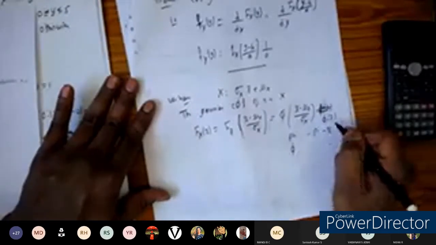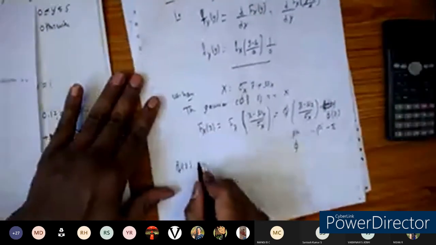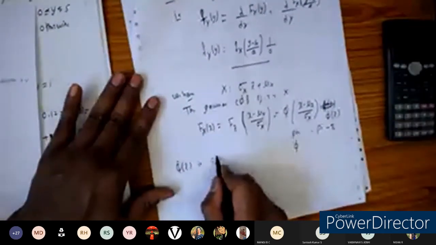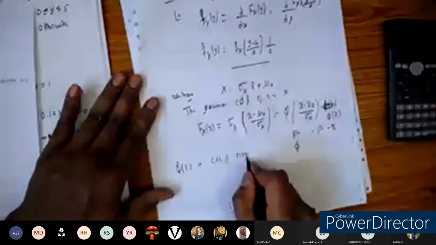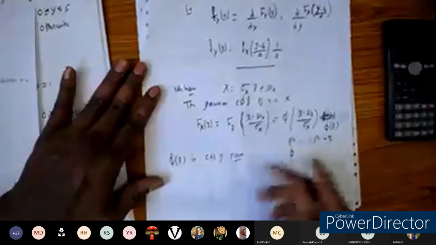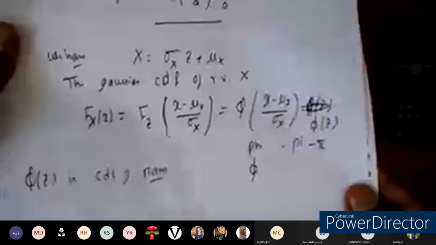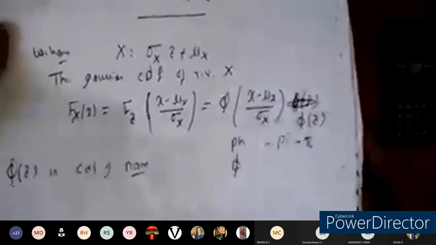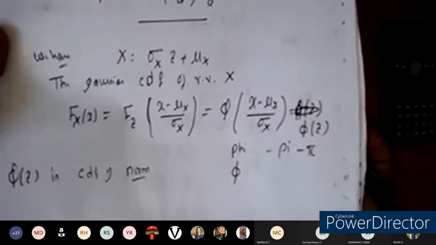We are going to call this phi of z, where phi of z is the CDF of the normalized Gaussian random variable.